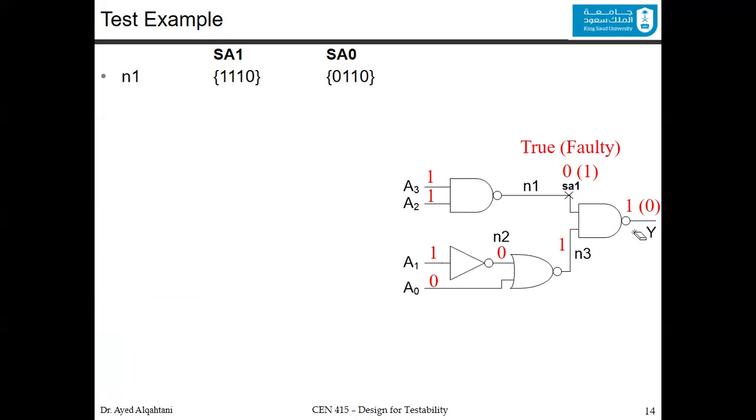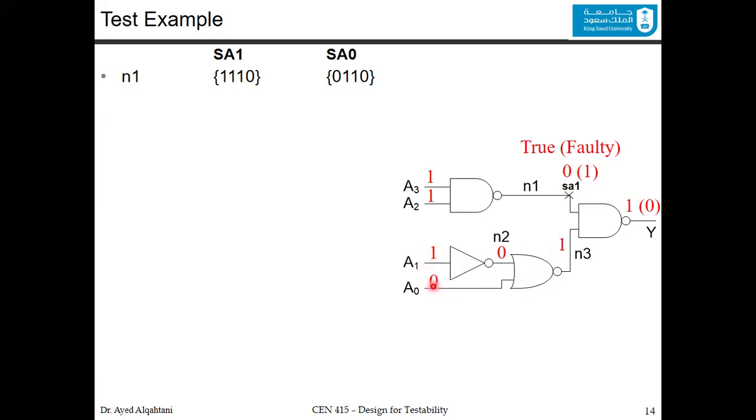So what to do? We need to make sure it's 1. To have a 1 in a NOR, you need to make this line 0 and this line 0. And a 0 is here. So you work your way backward. Since you have a 0 here and you have an inverter, this line will be 1.